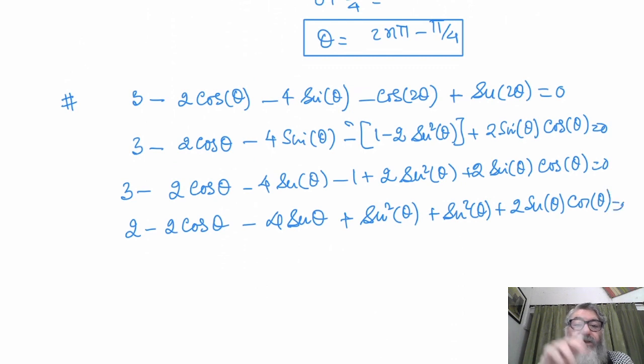But we've made it into 6 terms by breaking up 2 sine square theta as sine square theta plus sine square theta. Three minus 1 is 2, and then get divided by 2. Okay, not here.